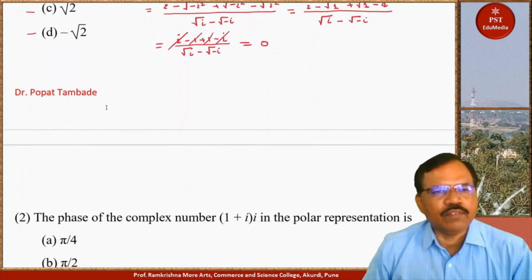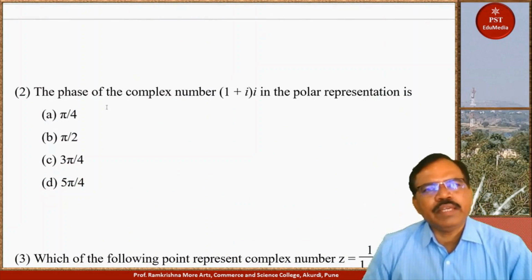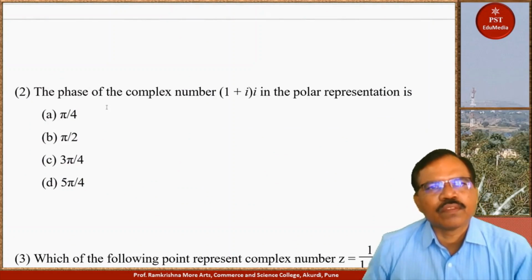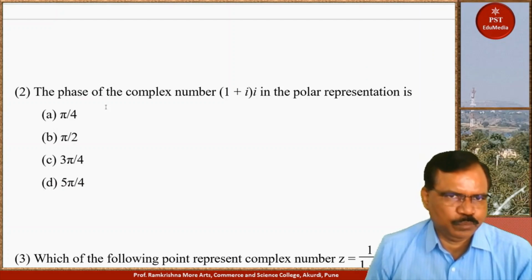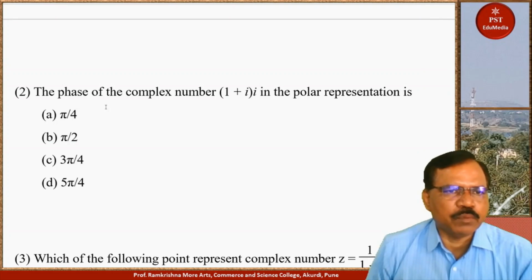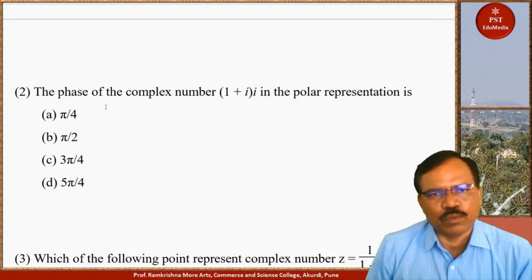Now we'll go to second one. The phase of complex number (1 plus i) multiplied by i in the polar representation is: A pi by 4, B pi by 2, C 3 pi by 4, D 5 pi by 4.